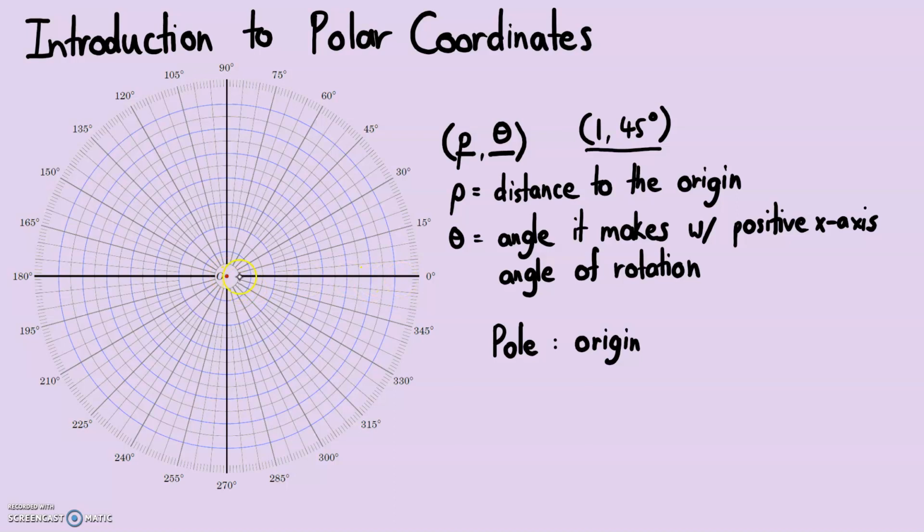And much like in rectangular coordinates, the positive x-axis is 0 degrees, and then it moves this way depending on the degrees.